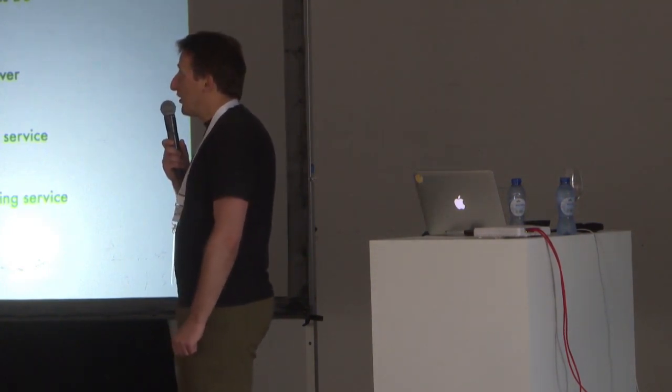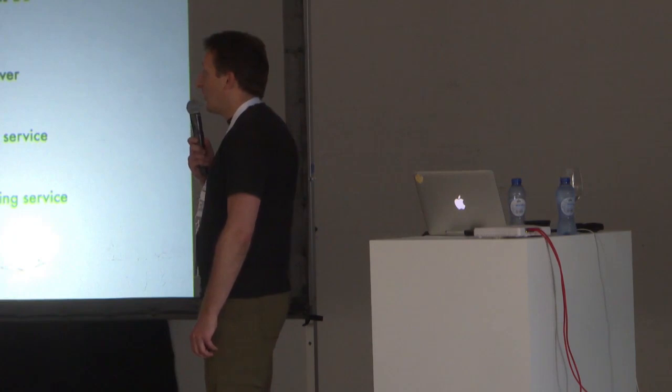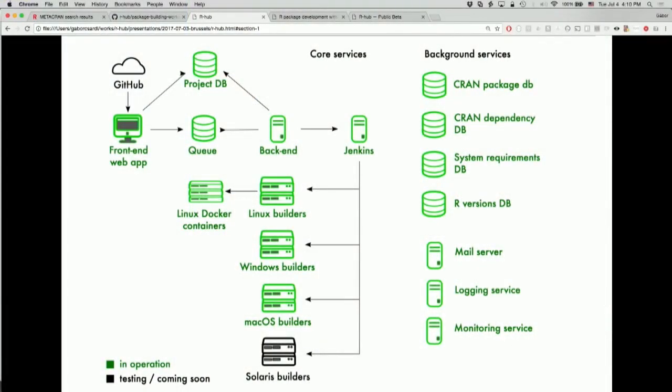So what we do is that all the builders that we have are basically throwaway machines. So they are instances in the cloud, and we can replace them regularly. There's nothing important stored on them. It's just a vanilla Linux box for Linux. It's not so vanilla Windows or Mac OS, VM virtual machine for the other OSs, but we can just throw them away.